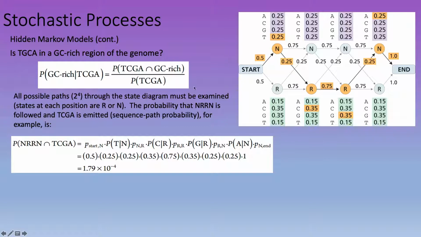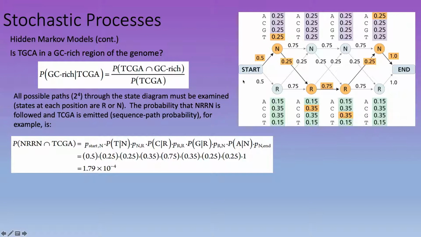So how would we calculate the probability of a path, normal, rich, rich, normal, that is, seeing this path of regions intersecting with the sequence TCGA? We calculate that by multiplying each of these probabilities together.